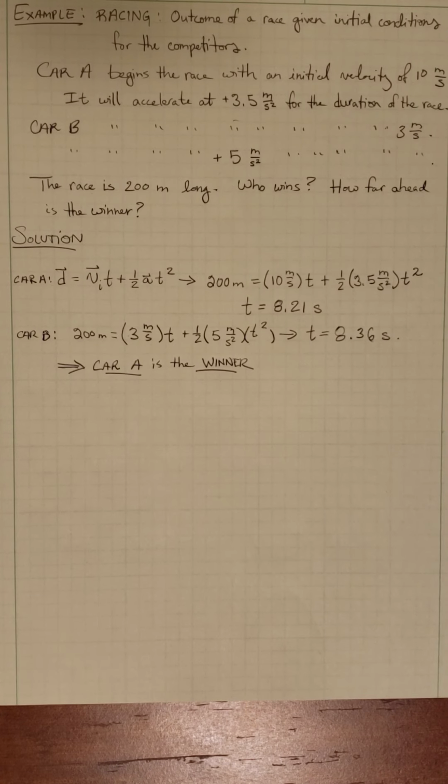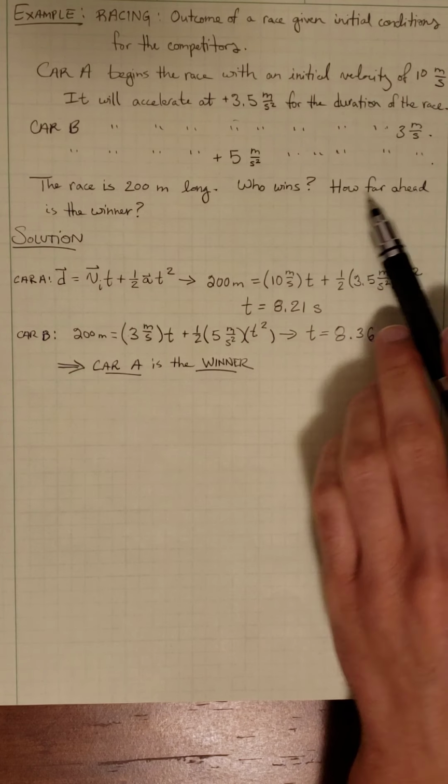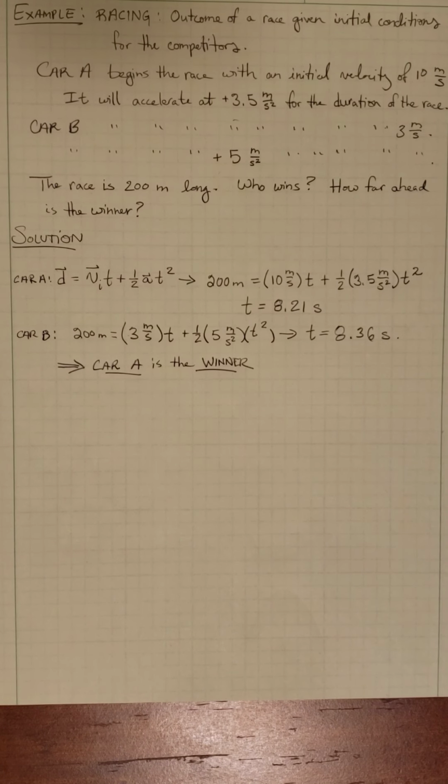Now the second question is, how far ahead is the winner at the time that the winner crosses the finish line? So in order to solve this problem, you have to sort of redefine the question.